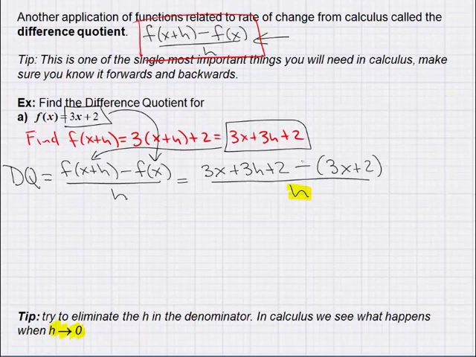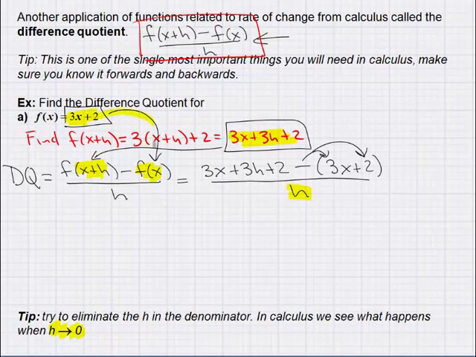Well, in order to do this, we've got to simplify. So what we have to do is distribute this negative through. This is key. I see students make a mistake here all the time. F of x is being subtracted. All of f of x is being subtracted. So this negative has to distribute through all of f of x. Here was my f of x. Remember, I plugged f of x plus h in here.